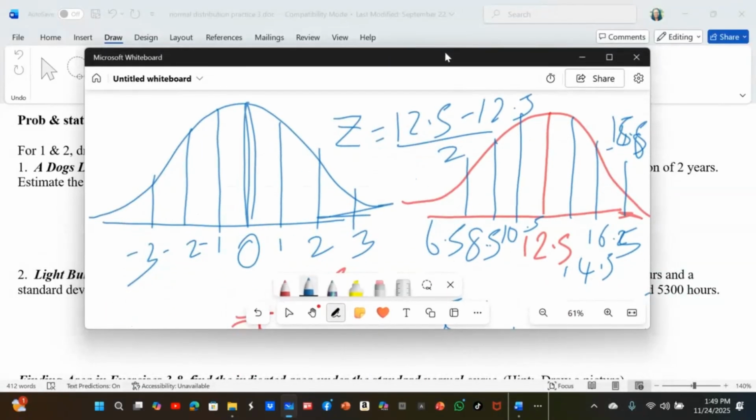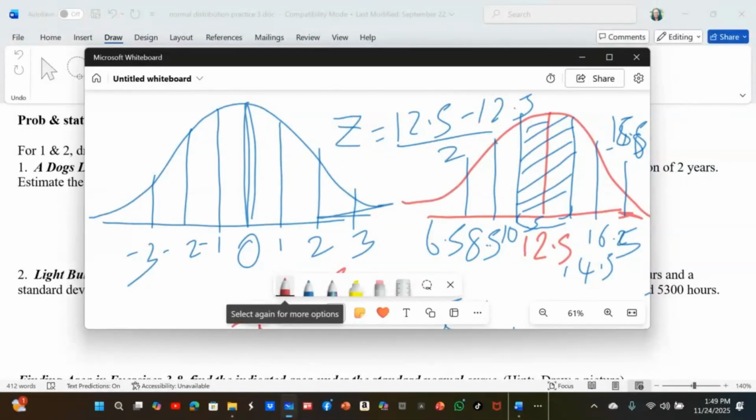So the probability that a dog's lifespan lies between 10.5 and 14.5, from here to here, I'm going to shade this region. According to the empirical rule, the area under the normal curve between plus or minus 1 standard deviation is 68%.